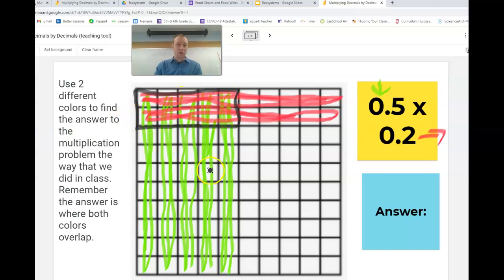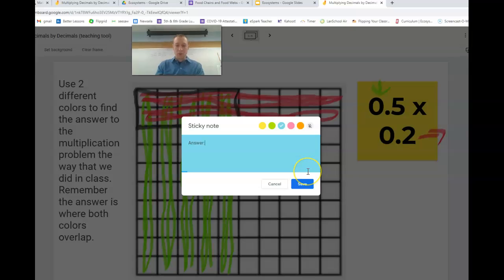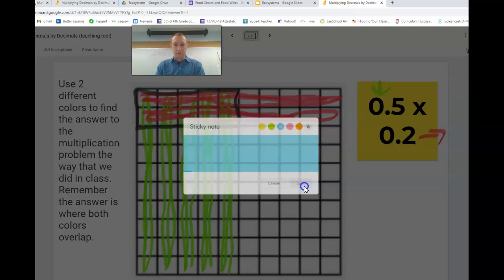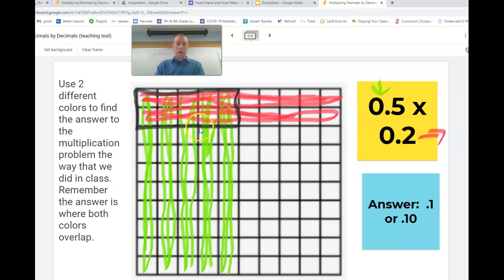I have 10 hundredths or 1/10. Okay, so I could write it either way. So my answer is going to be 1/10 or 10 hundredths. Okay, so you're going to shade going vertically on the first one, going horizontally on the second one, and your overlap is your answer.